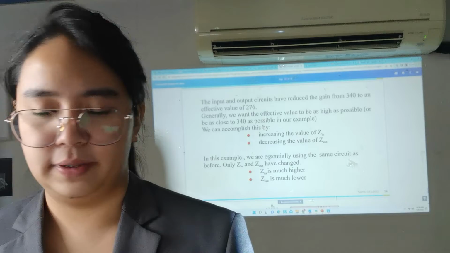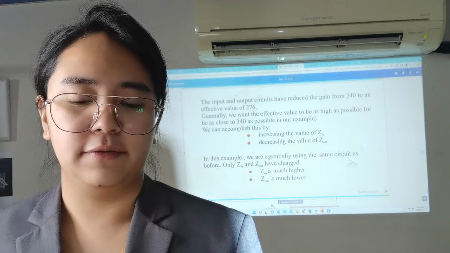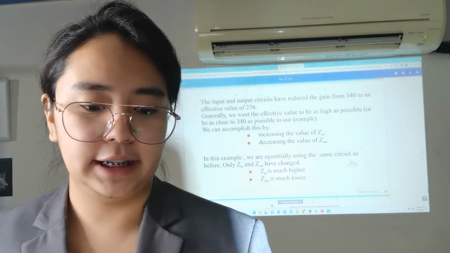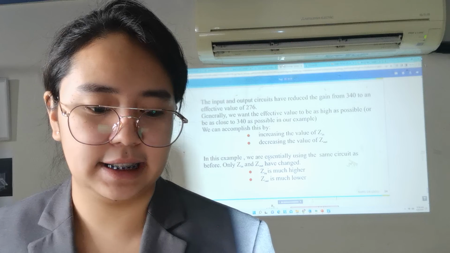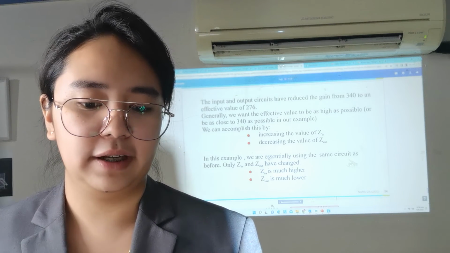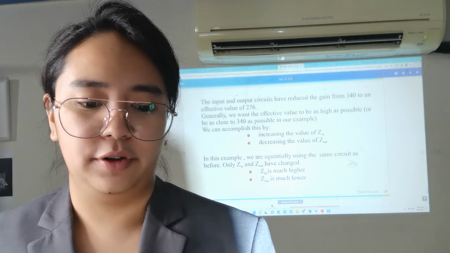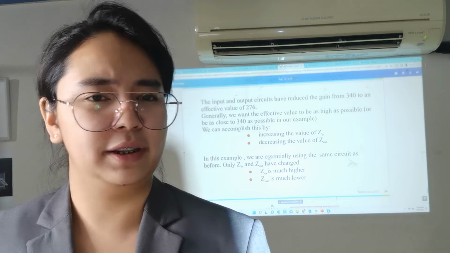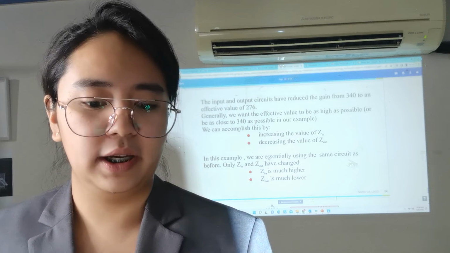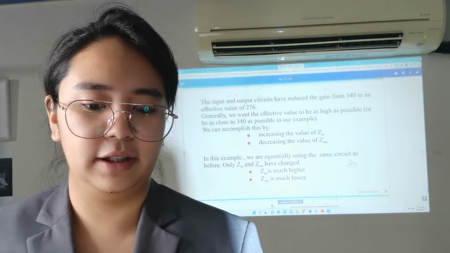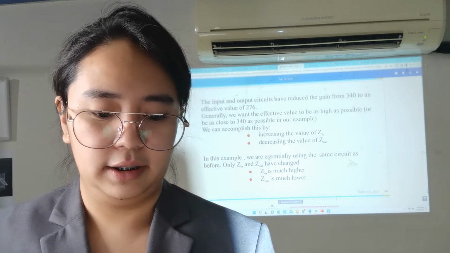The input and output circuits have reduced the gain from 340 to an effective value of 276. Generally, we want the effective value to be as high as possible, or as close to 340 as possible. In our example, we can accomplish this by increasing the value of Zin and decreasing the value of Zout. And this is the example.